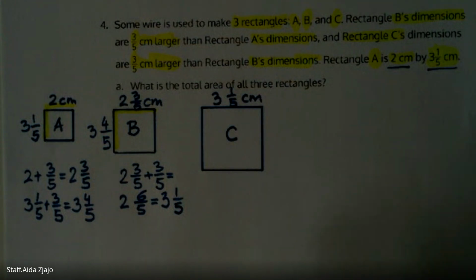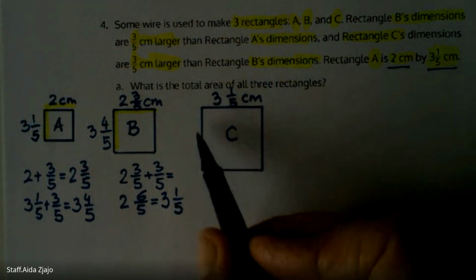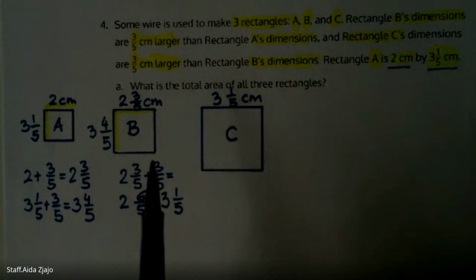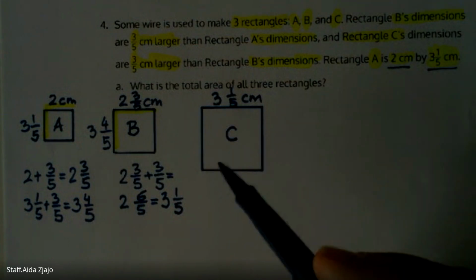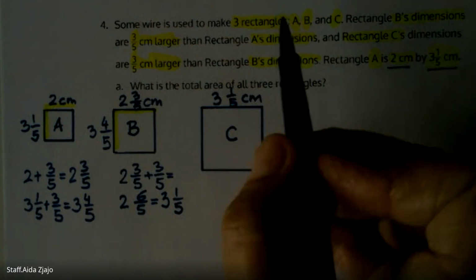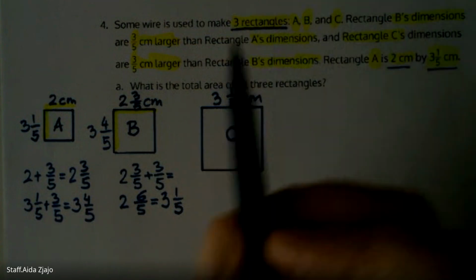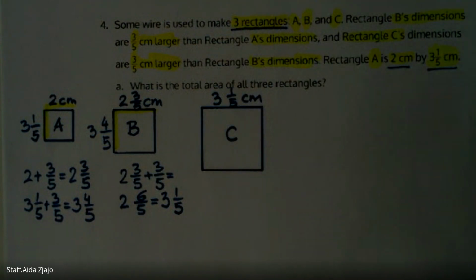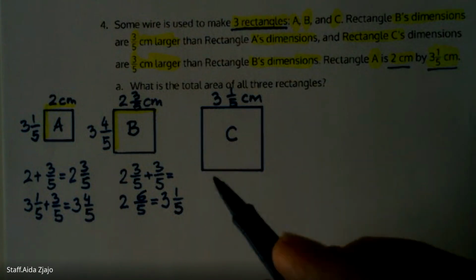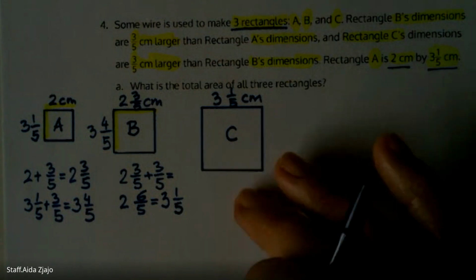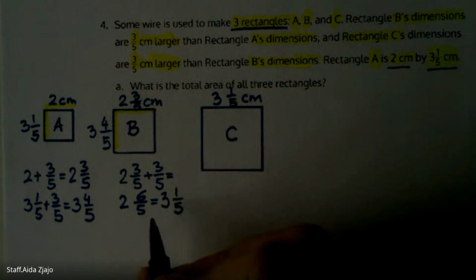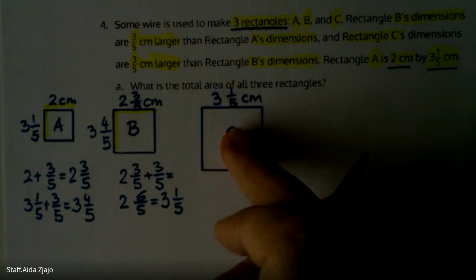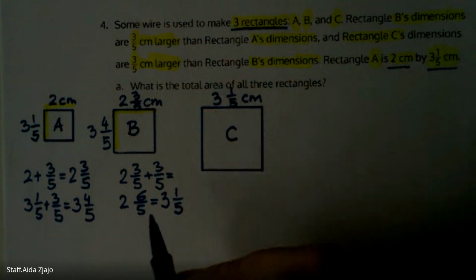And then the length. I just used the rectangle squares, but the shape is a rectangle. I didn't do precision, so that's okay. Square is a rectangle, by the way.